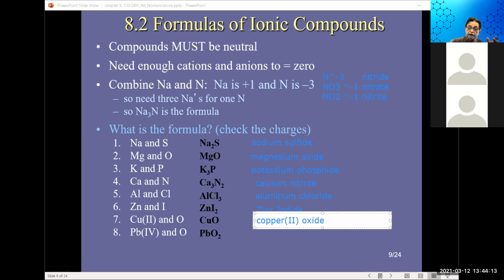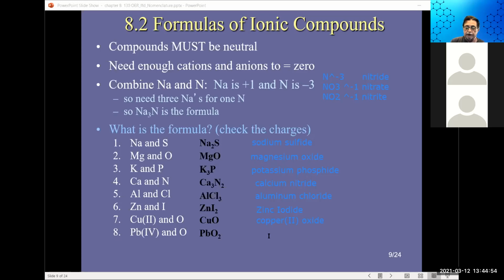Now, keep in mind here that we are working with ionic compounds, and the anions, the negative charge ions of sulfide, oxide, phosphide, nitride, chloride, iodide, oxide. When we move over to covalent compounds, the naming of those elements in that form continues. So carbon dioxide is a covalent compound, but we continue naming it oxide.